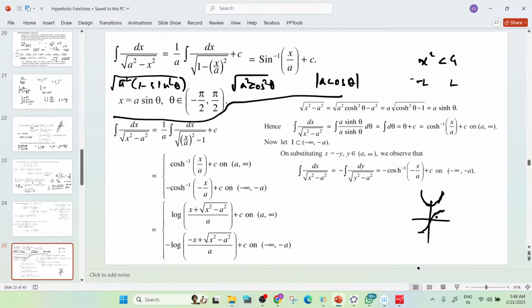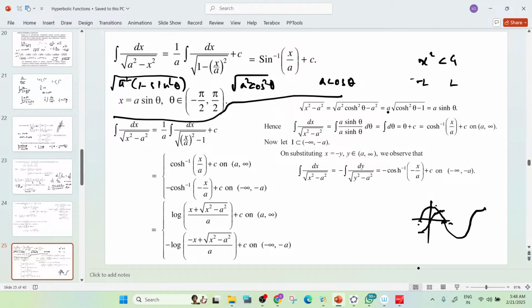Cos is something like this, the graph. From minus pi by 2 to pi by 2, cos is always positive. That's why we can freely assume that we don't need this mod.